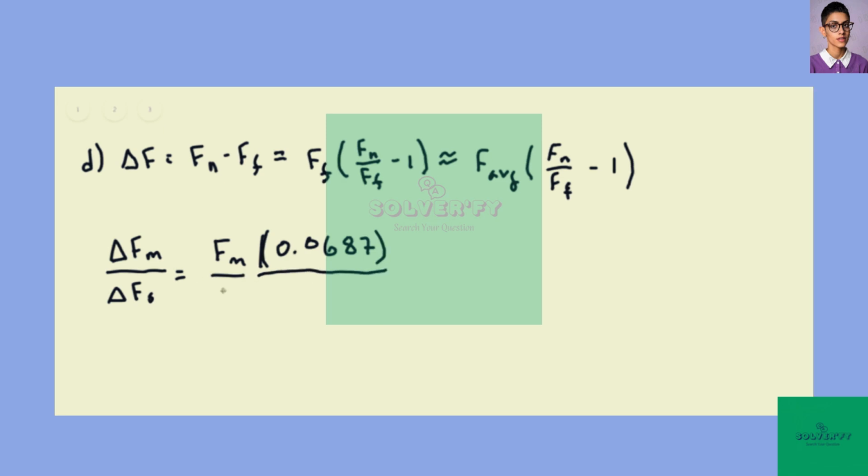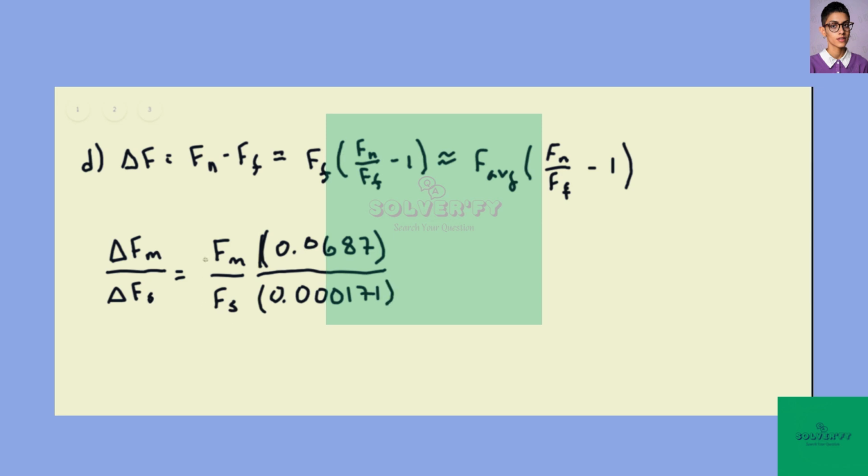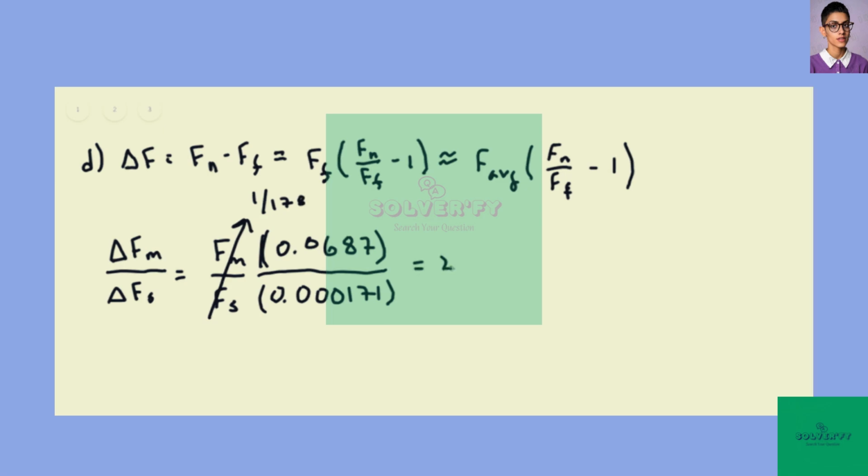And then for the sun, the average force, and we have the 1.000171 minus 1, so then this is 0.000171. And we already found this ratio. The F_s over F_m is 178, so 1 over that is 1 over 178. And so this evaluates to 2.3.